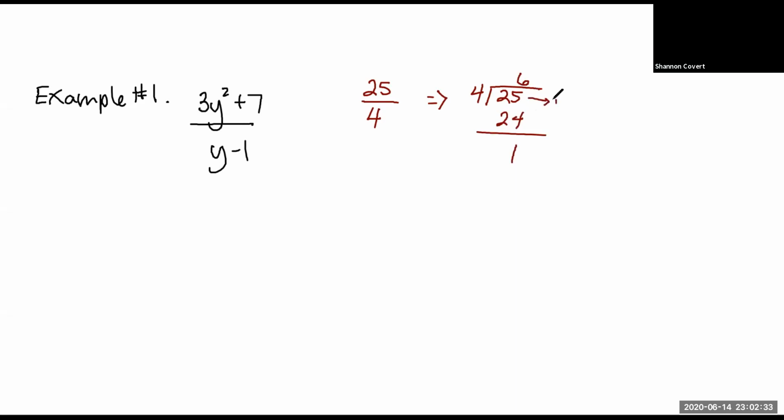This is my dividend. This is my divisor. The 6 is my quotient. And the 1 is my remainder. So my answer would be 6, remainder 1.